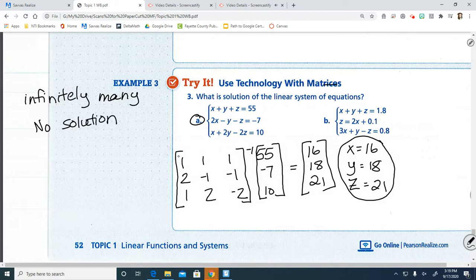This method won't work. You might get an error, or a dimension error from the calculator. That indicates that your answer is either infinitely many or no solution, and you're going to have to figure out which one it is. The way you do that is with the methods we used in example 3.